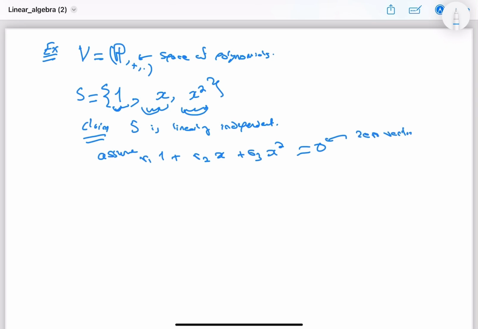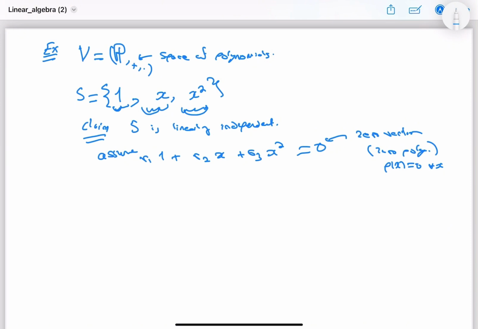But what is the 0 vector in the space of polynomials? It's the 0 polynomial, the polynomial that's equal to 0 for every x, so p of x equals 0 for every x. Since we're proving linear independence, we have to prove that all the r's are 0.